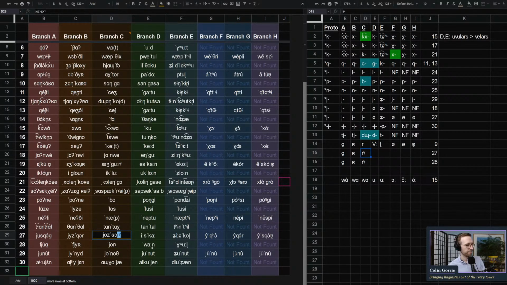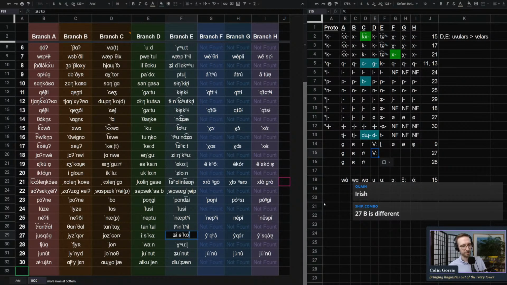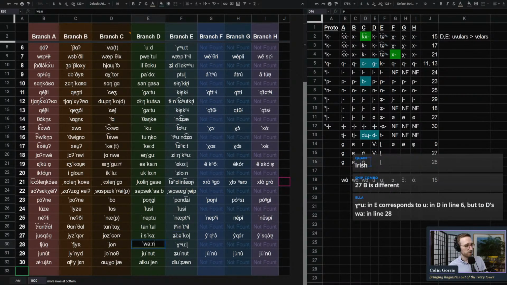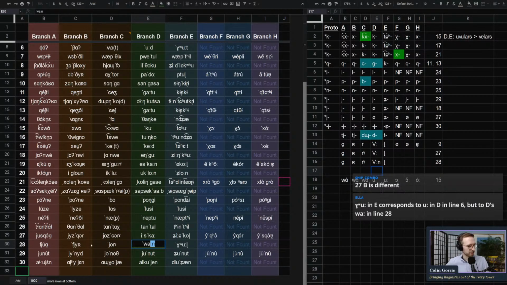But we have this vowel lengthening here in 27D. We have the retroflex lateral here again and here again. We have the vowel lengthening with this N after it. Now that N may be something that just deleted in all other branches, I'm not sure.